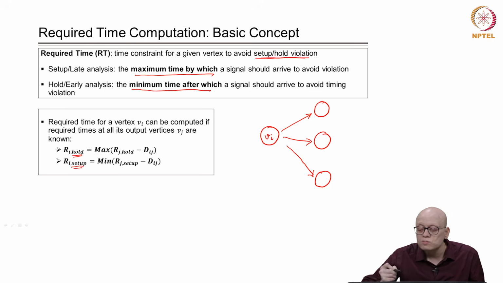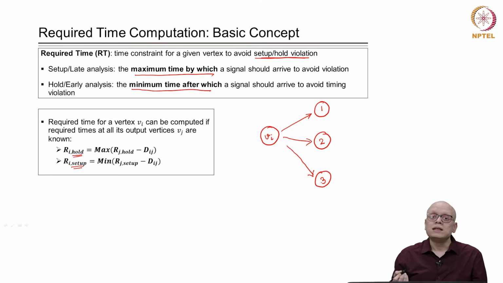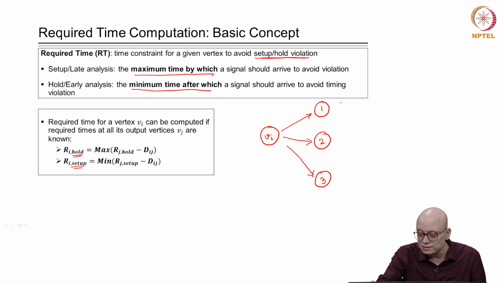So, let us call this vertex 1, this vertex 2 and this vertex 3. Let us assume that the required time for the hold case for vertex 1 was 10 and for the setup it was, say, 150. For the second vertex, let us say that the required time for hold was 15 and for the setup it was, say, 120.